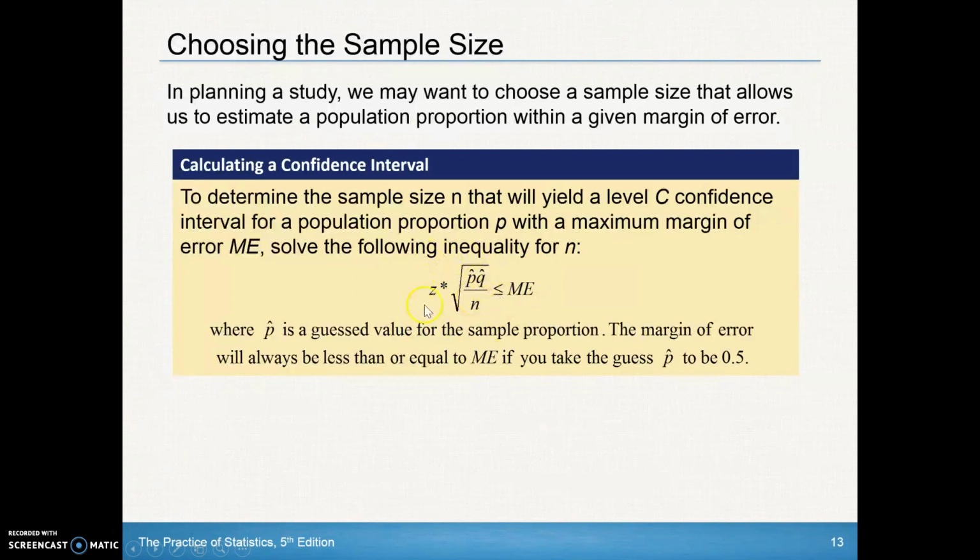So again, this part is our margin of error, so we want this value here to be less than or equal to whatever our margin of error is. We wouldn't want it to be more than. Okay, so most of the time we're going to be guessing at this p hat, and if we have to guess at that p hat, we're going to be guessing that as 0.5.